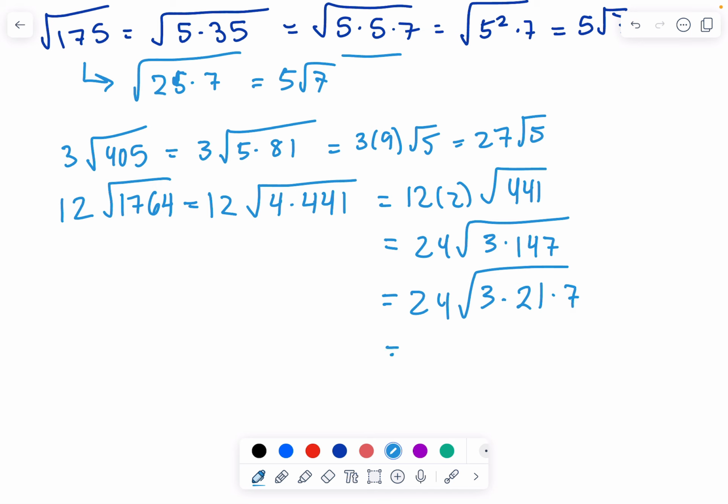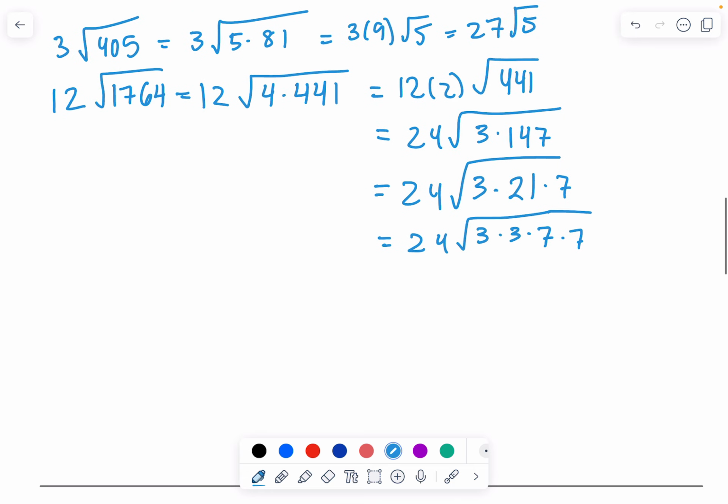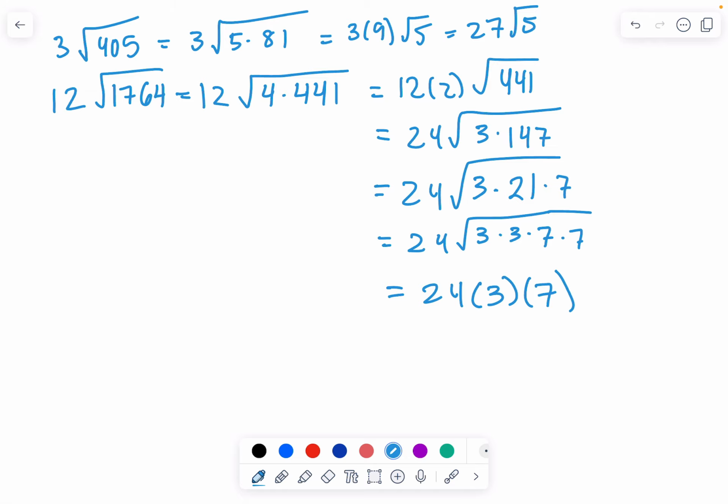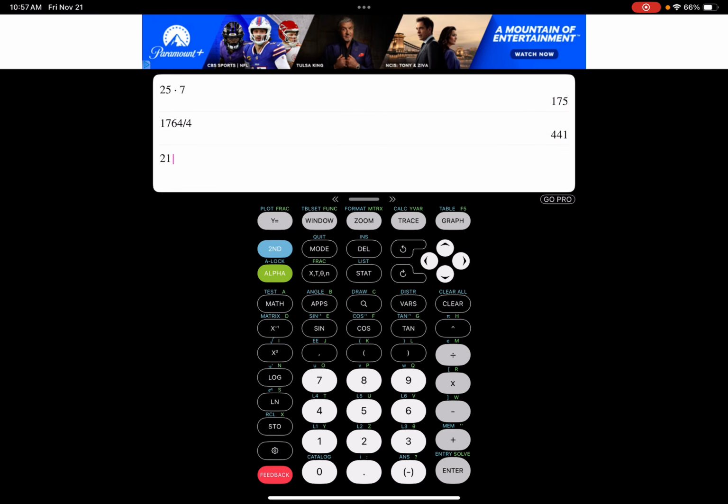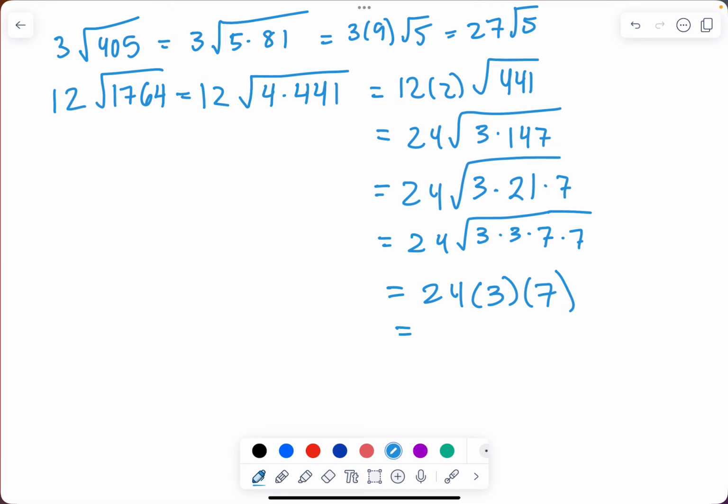And then look at that. 21 can be broken into 3 times 7. So I actually end up with 2 pairs of numbers. So this is going to be 24 times 3 times 7. I'm just going to use the calculator. That's going to be 24 times 21, which is 504. So notice, what did we pull out?